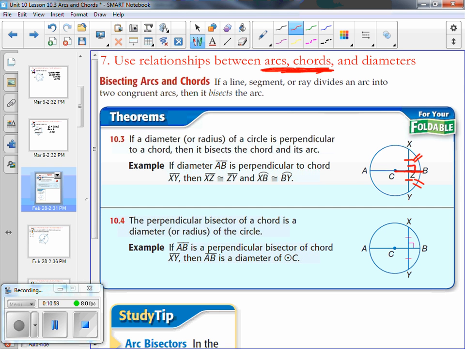Isn't segment CB a perpendicular bisector of that chord? Or if I lengthened it out and called it segment AB. So a perpendicular bisector of a chord is a diameter or a radius of the circle. Just depends on whether they drew the whole diameter or just the radius. So any segment that bisects a chord and is perpendicular to the chord has to either be a radius or a diameter, just depending upon how far you draw. Okay? You with me? Let's see how that works.